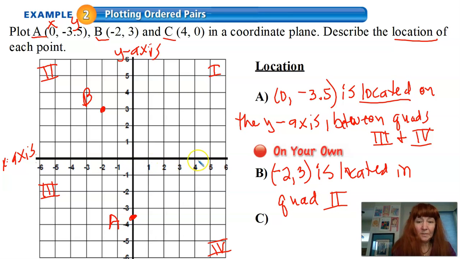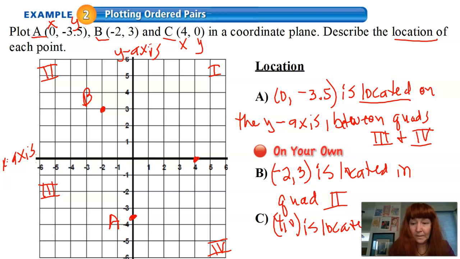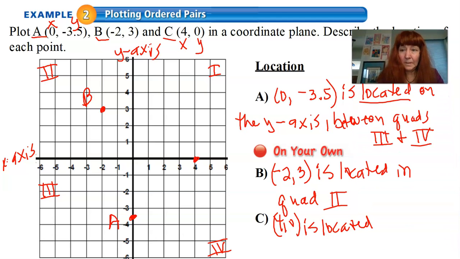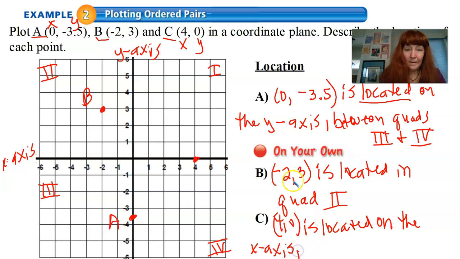All right, the last one, 4, 0. So I start at the origin, I go over 4, but then I don't go up and down, right? My x value is 4, my y value is 0. Hey, guess what? It is on the x-axis. So 4, 0 is located on the x-axis, comma, and it's right here.